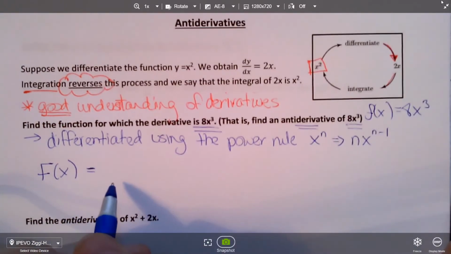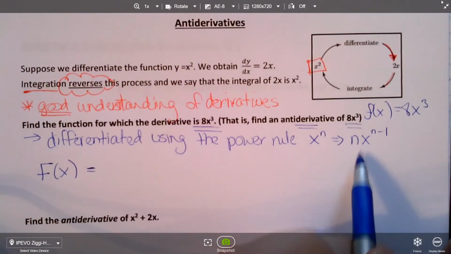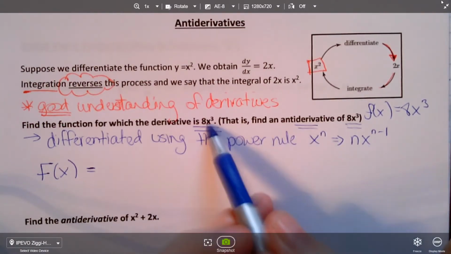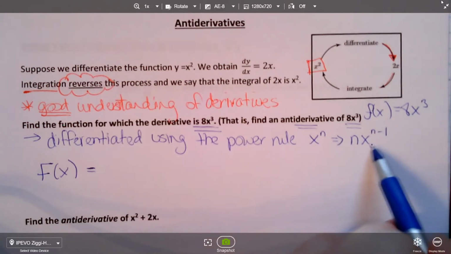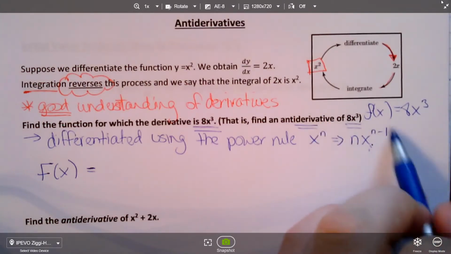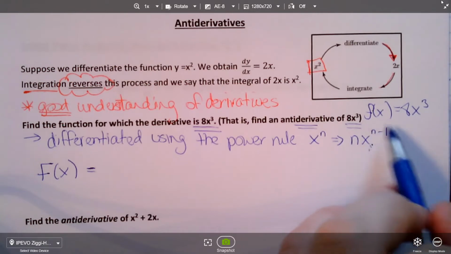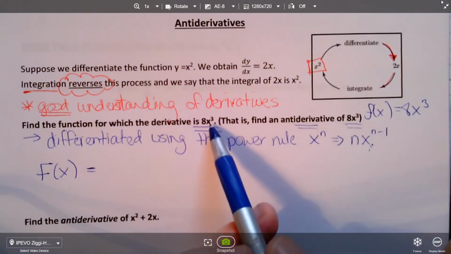All right, so what do I know? Well, if I decided that the power rule is what makes sense, I know that this is the result after I took the derivative. This is what I want to know what it looked like before. Well, I must have reduced the power by 1, right? So if I reduce the power by 1, this is 1 less than it should be.